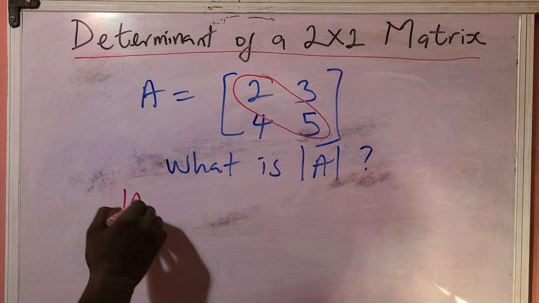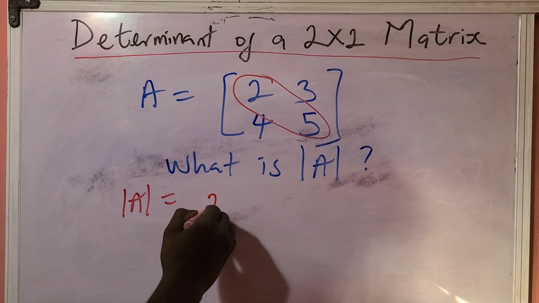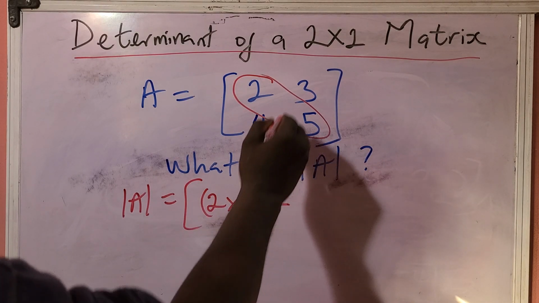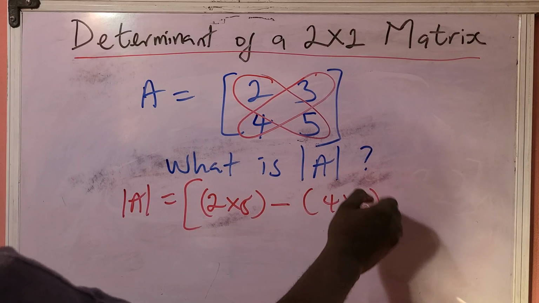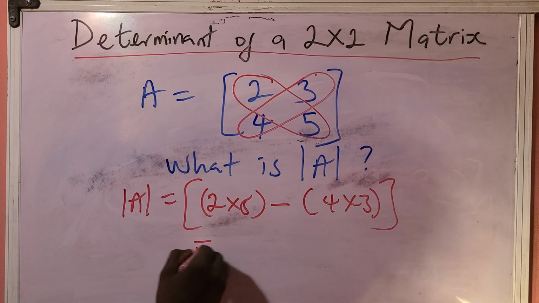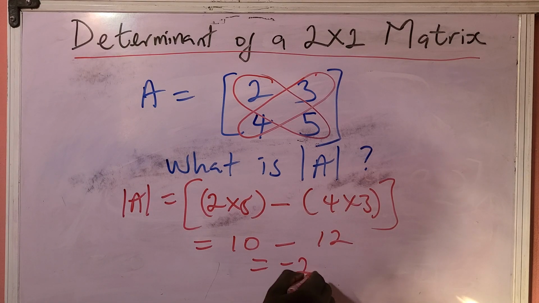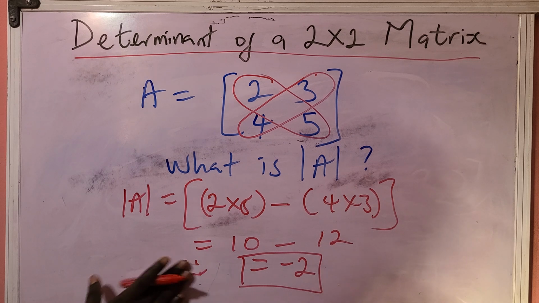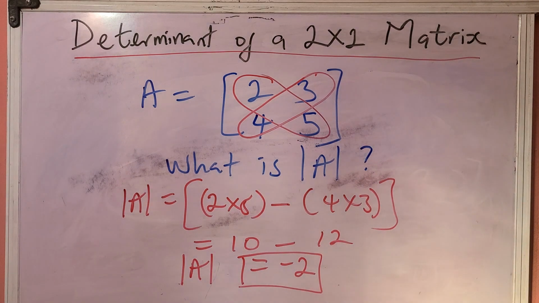So therefore we can define the determinant as 2 times 5, which is the leading diagonal, minus 4 times 3, which is the other diagonal. This will give me 10 minus 12. This will give me minus 2. So therefore, I can say that my determinant of A is given as minus 2.